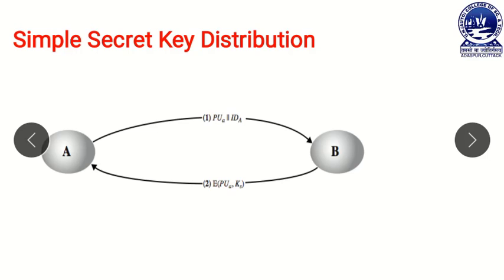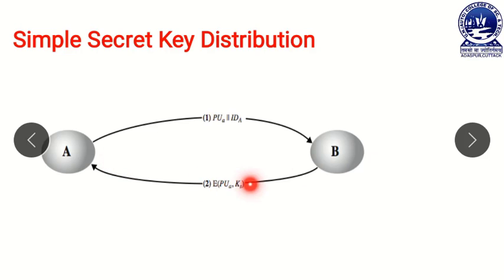The KS is only known to the initiator A and the responder B, because this encrypted message can only be decrypted using the private key of the initiator A, and that private key is only known to the initiator A. So this secret key KS is only known to the initiator A and the responder B.